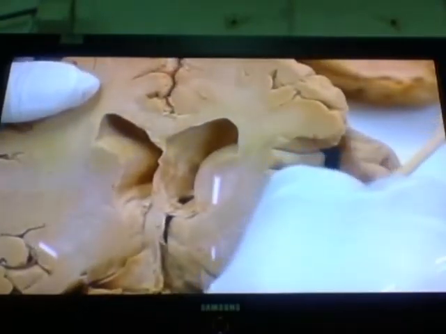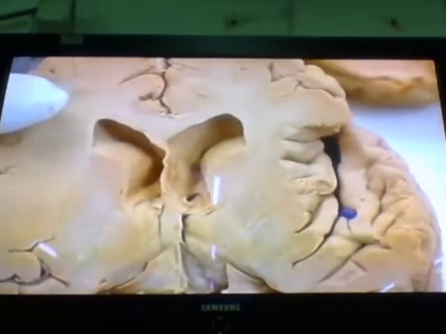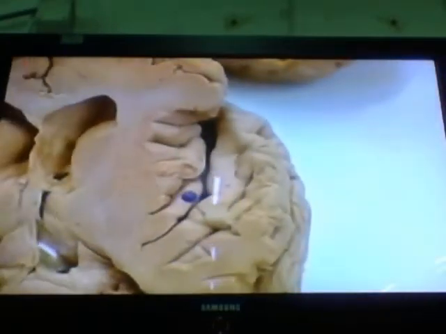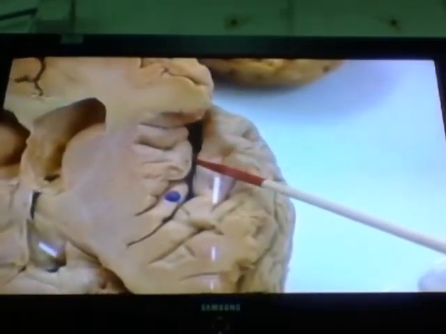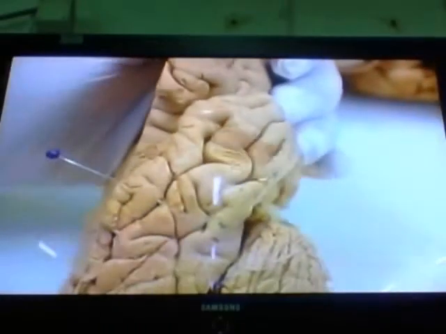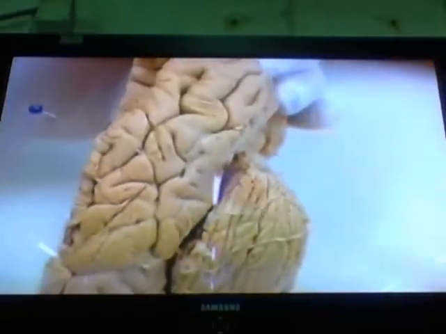Okay, now if I put a pin way back here, what's that area known as? I've gone as far back as I could go. There we see the superior temporal gyrus, middle temporal gyrus, inferior.